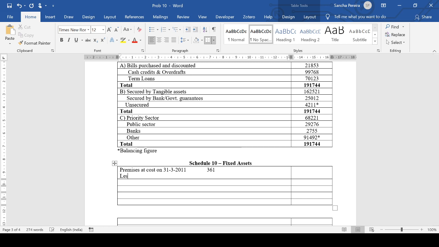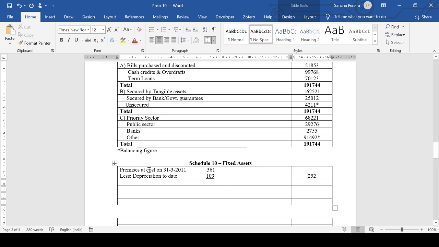So less depreciation to date, which is 109. So 361 minus 109 comes to 252.